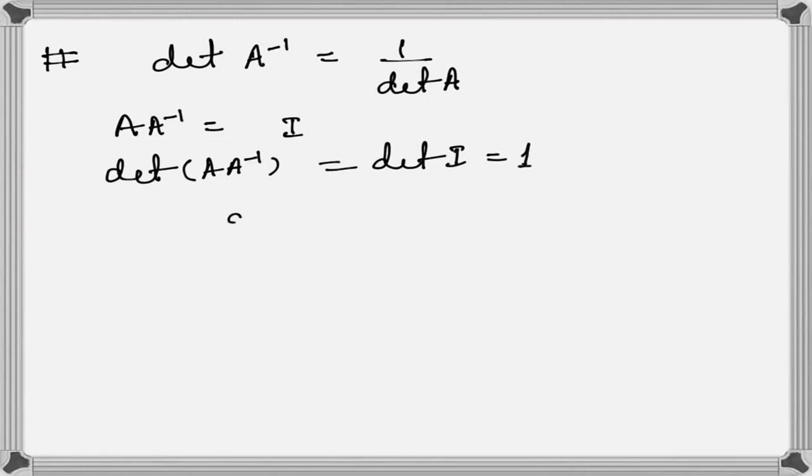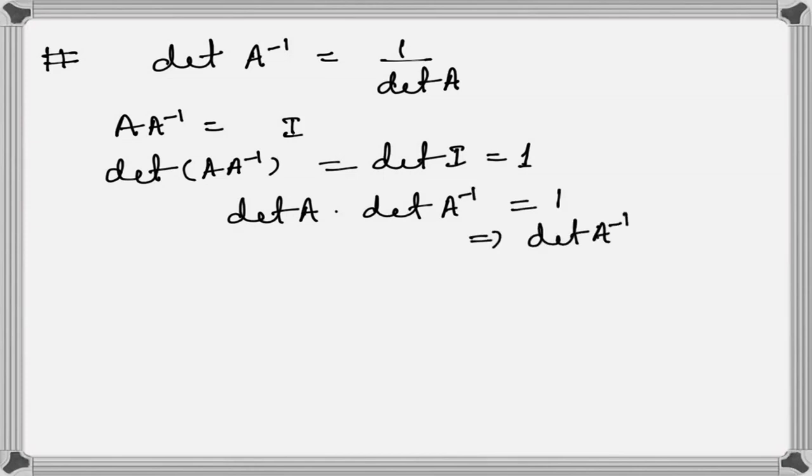This implies the determinant of A inverse is equal to 1 upon determinant of A.